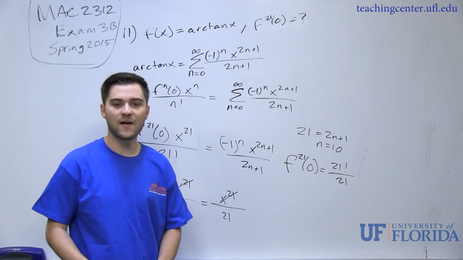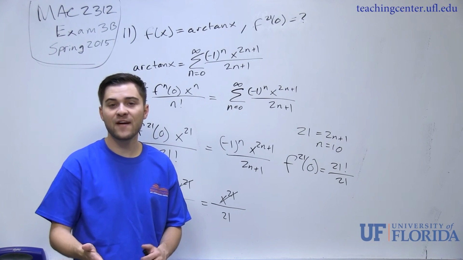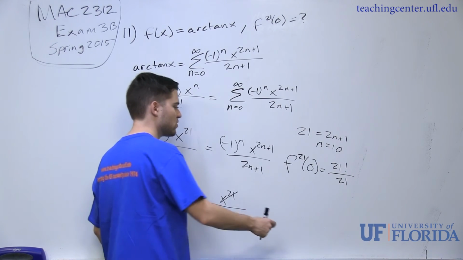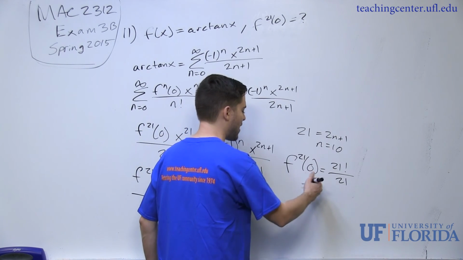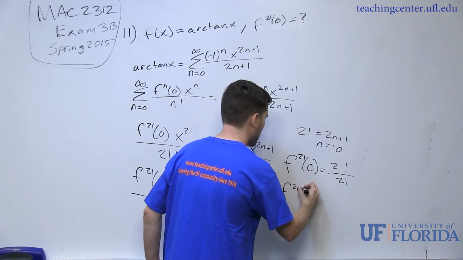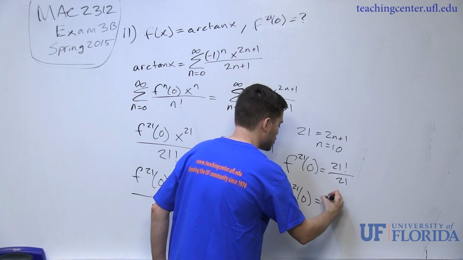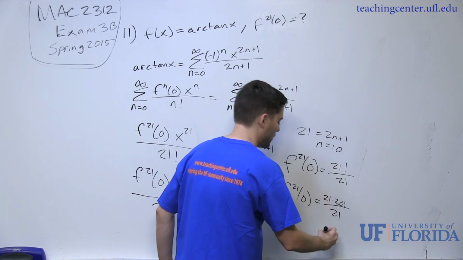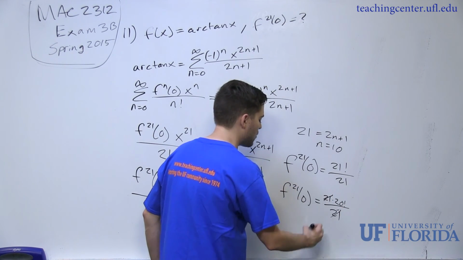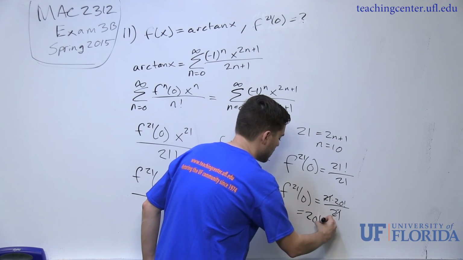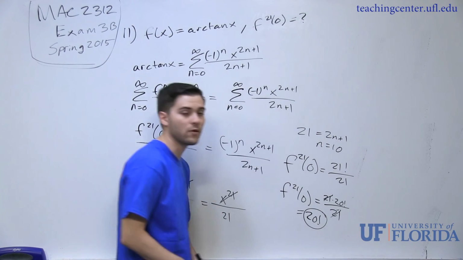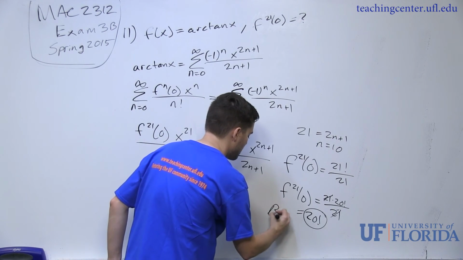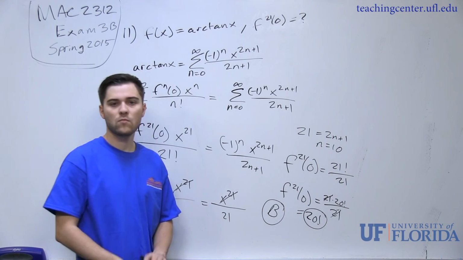Using the laws of factorials, where n factorial is equal to n times n minus 1 times n minus 2, and so on, I can reduce this down and say f^(21)(0) is equal to 21 times 20 factorial over 21. I can cancel these terms out, and I'm left with my final answer of 20 factorial, which corresponds to answer B on exam 3.